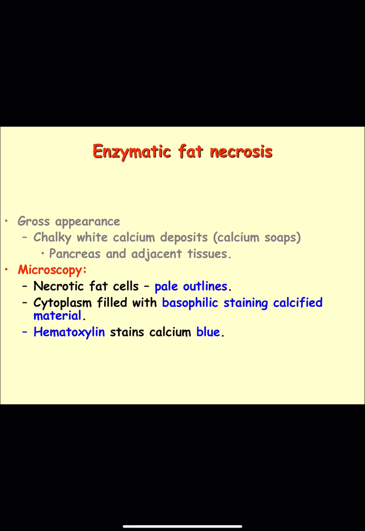But the difference between the two is that the enzymatic fat necrosis is happening as a result of the enzymes of the pancreas itself getting activated within the body of the pancreas, as opposed to on the brush border of the pancreatic matter in the duodenum.